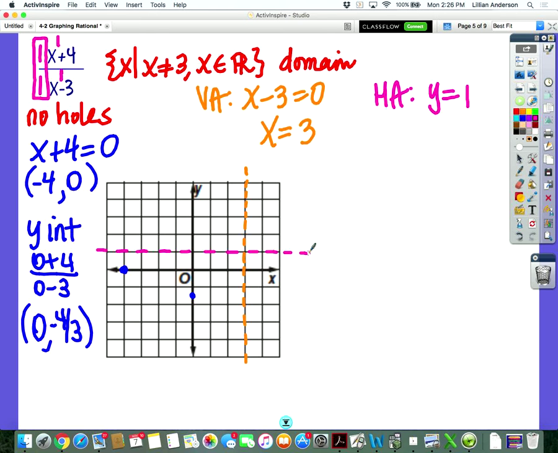Okay. Now, the second to last step says to find any points in between the asymptotes if necessary before you draw your smooth curve. Remember, all rational functions, like your most basic one, look like this. You guys remember this? Yes. From your parent function, correct? Yes. Okay. So the x and y intercepts are 2 points that are on one of those branches, on one of those curves.